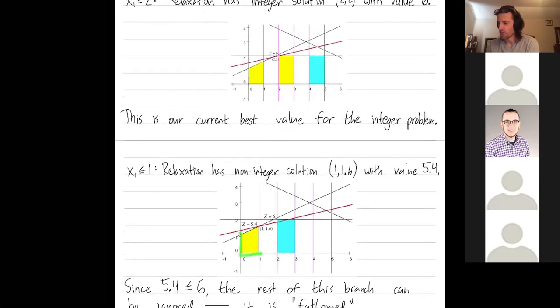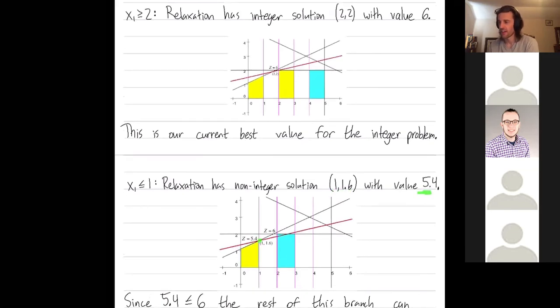We solve this relaxed problem. We find a non-integer solution, and its value is 5.4. Okay, 5.4 is worse than 6. I already found an integer solution that has value 6. Here, in this entire region, the best I can do is 5.4, whether or not I even find an integer solution.